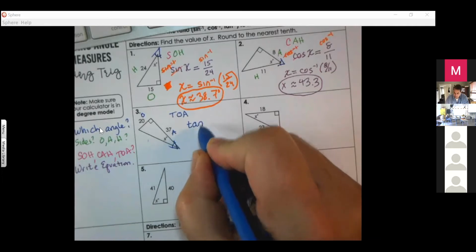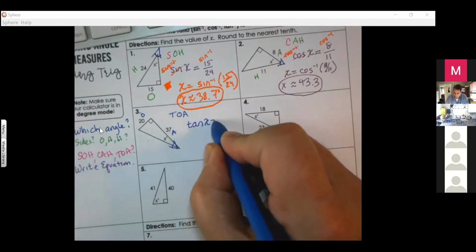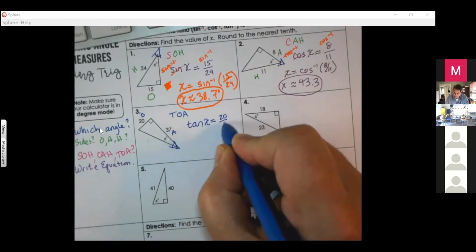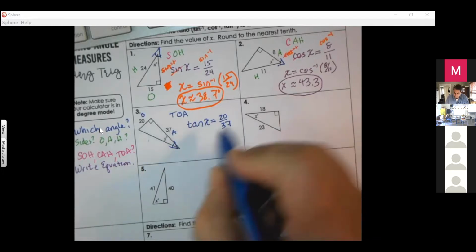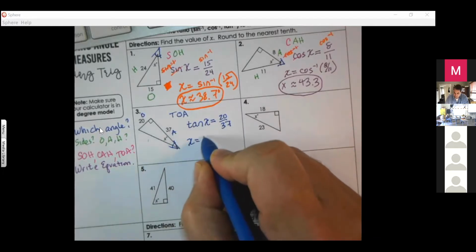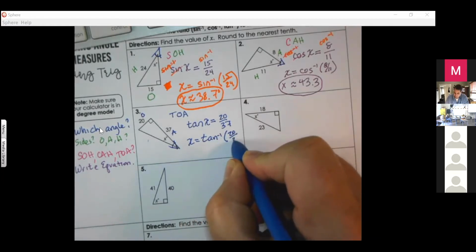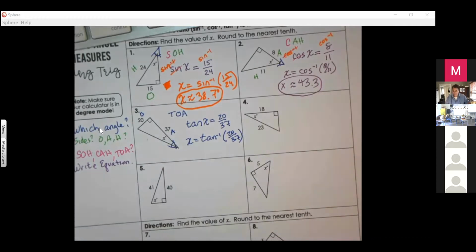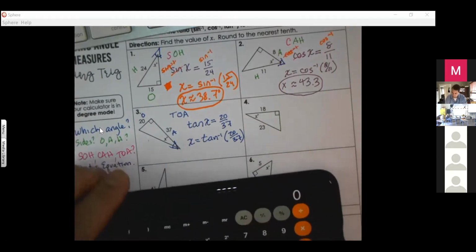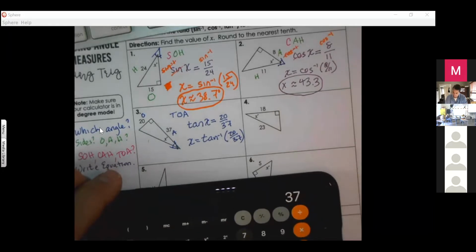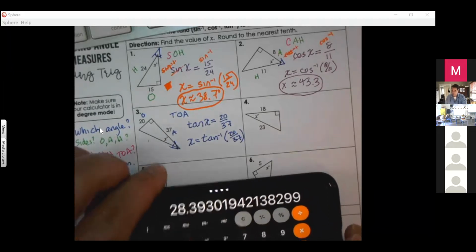So the tangent of x equals 20/37, which means x equals the inverse tangent of 20 over 37. Second's already pressed, so that's inverse tangent, 28.4.